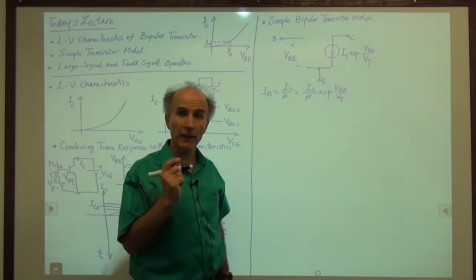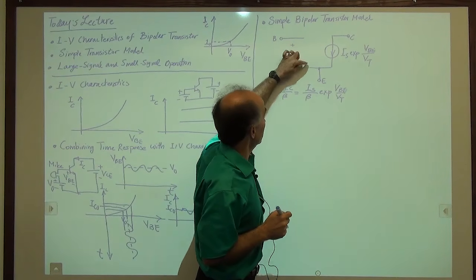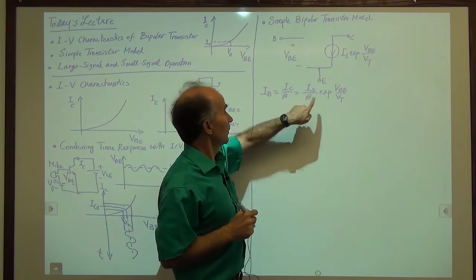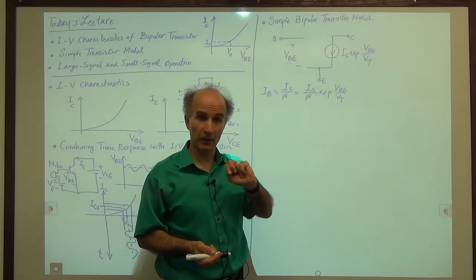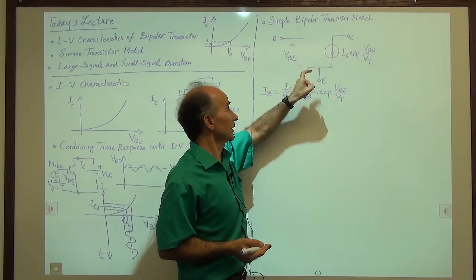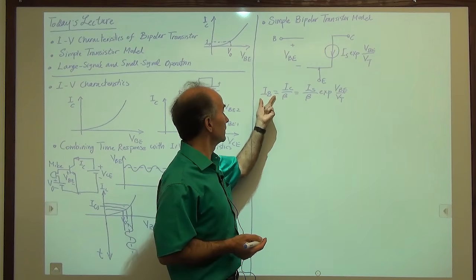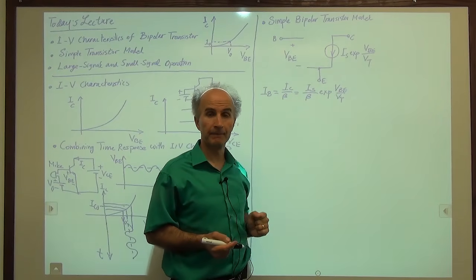This means that I am looking for some sort of device to place between here and here that draws this much current with this much voltage. It's a two-terminal device. One terminal here, one terminal here. And its job is to draw a current equal to IS over beta times exp of VBE over VT.